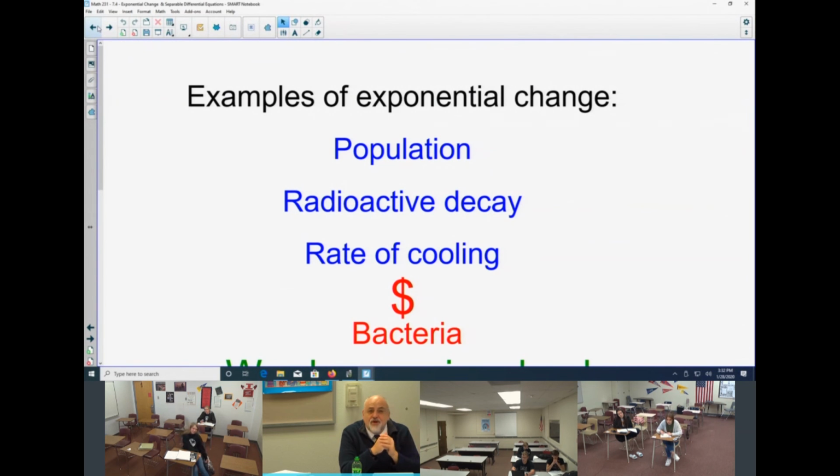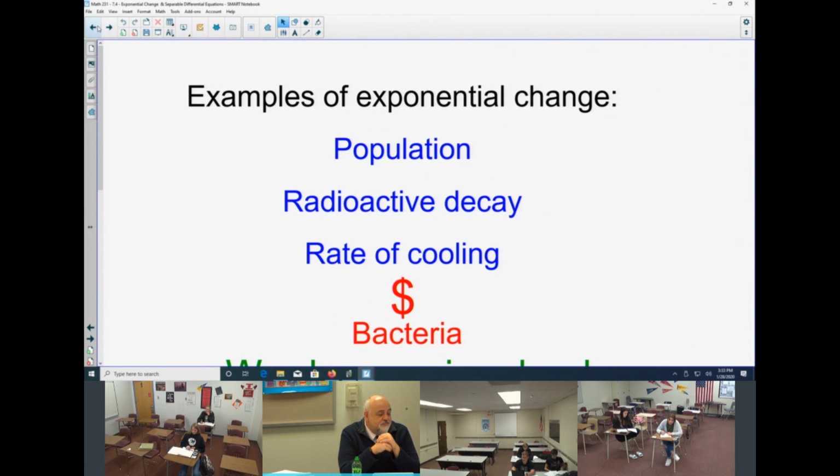You might remember doing problems either in pre-calculus or in science class about radioactive decay, where you're determining how much of the substance is left after a certain amount of time, or carbon dating, or all that kind of stuff. So that's another example.